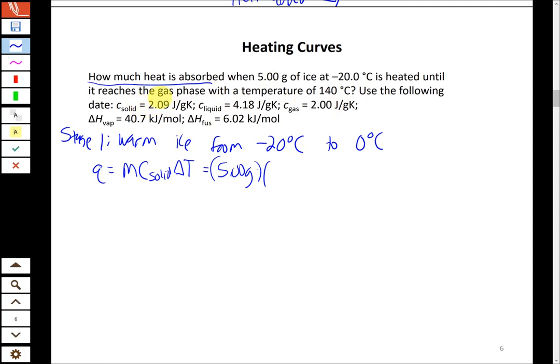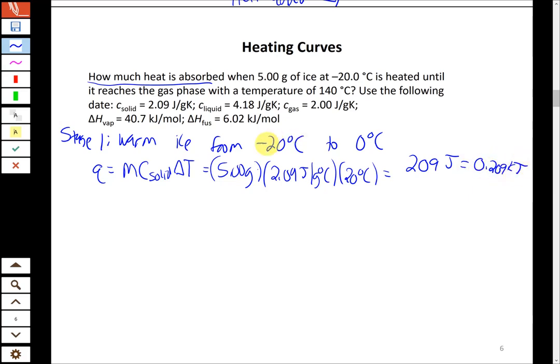Solid water has a lower specific heat capacity than liquid water, so we're going to use 2.09 joules per gram degree Celsius or gram Kelvin. The temperature change in this phase, minus 20 to 0, is a delta T of 20 degrees Celsius. We're raising the temperature by 20 degrees Celsius. So that's the delta T that we'll use, and that comes out to 209 joules. I didn't specify which unit to do the answer in, but we're going to end up doing it in kilojoules because it's going to be a lot of joules.